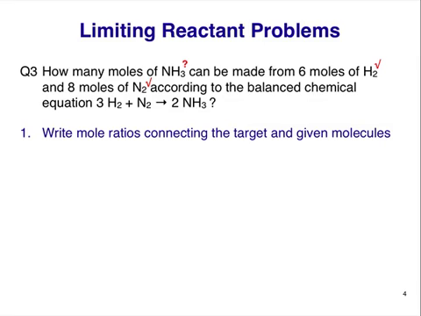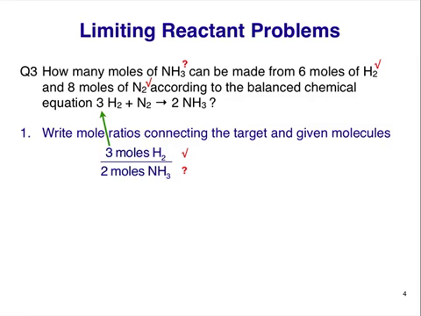Step 1. Write down 2 mole ratios, one for H2 and one for N2. Each mole ratio will contain one given substance and the unknown. Here's the first one. Hydrogen is a reactant with given amounts, and NH3 is the target of our calculations, the unknown. The numbers in the mole ratio come from the balanced chemical equation.